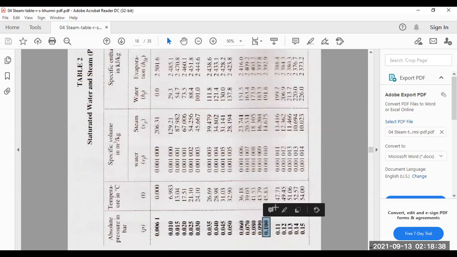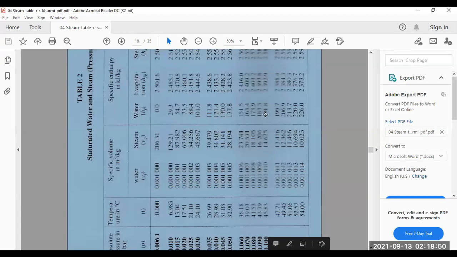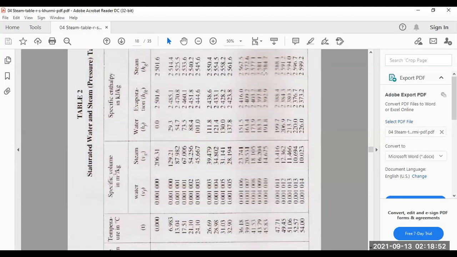So for this pressure, you can see hf value is how much? This one, 191.8. And hfg value is 2392.9.